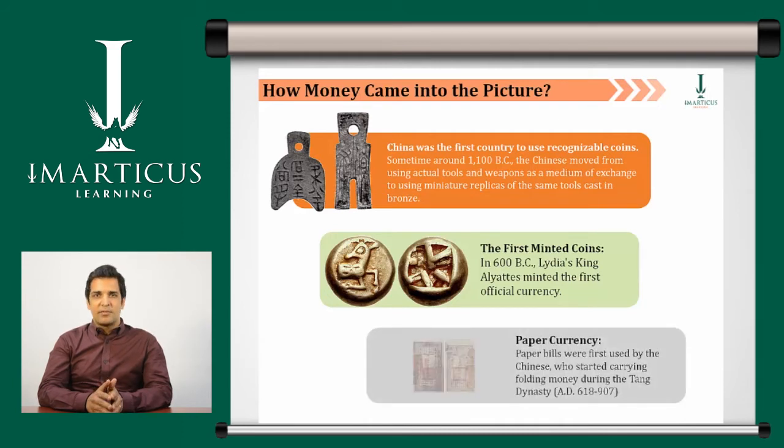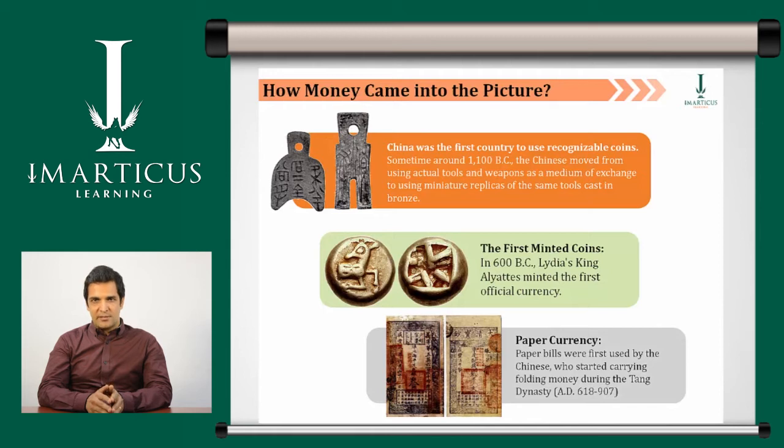Paper bills were first used by the Chinese, who started carrying folding money during the Tang dynasty around the year 618 to 907. This shows that the currency was introduced ages back. With this, we end this session on origin of money, and now we shall move on to different aspects of financial systems.